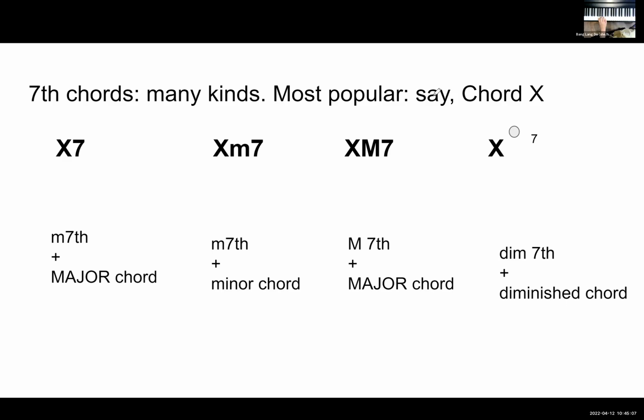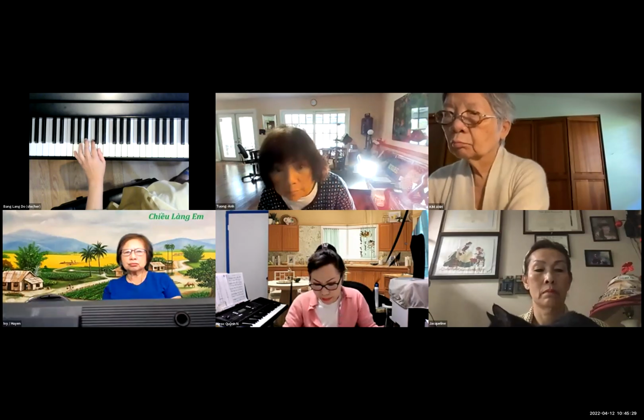What is it composed of? A diminished chord. Oh, who remembers what a diminished chord is? This is G major. G minor is moving the middle note down to B flat. G minor is G, B flat, D. What is diminished then? Anybody remember?